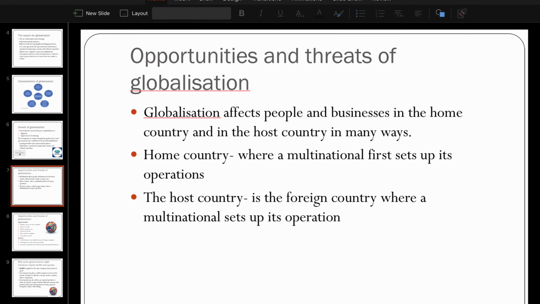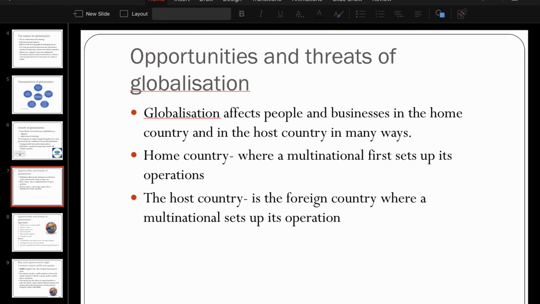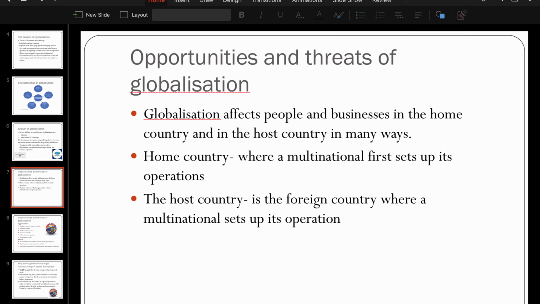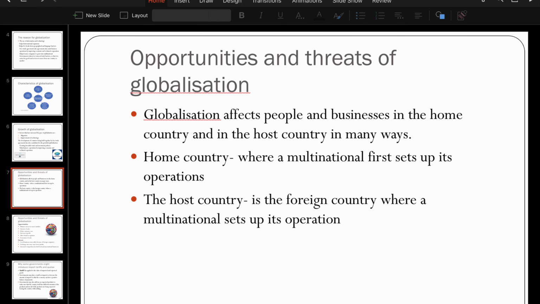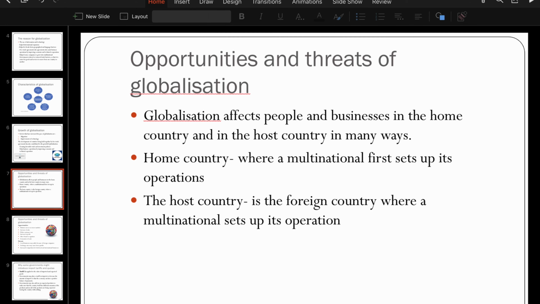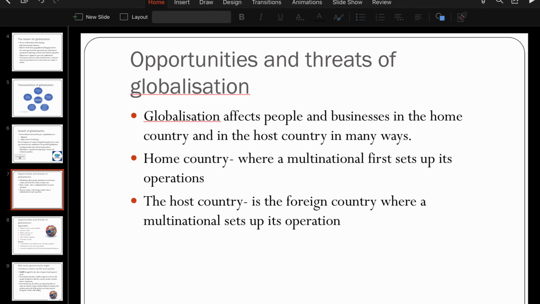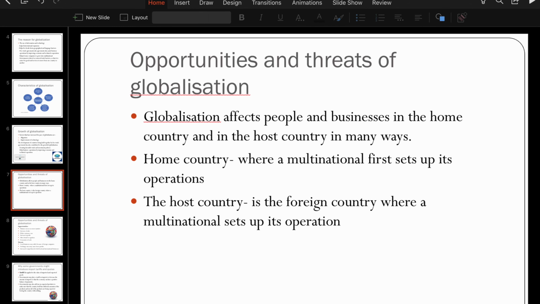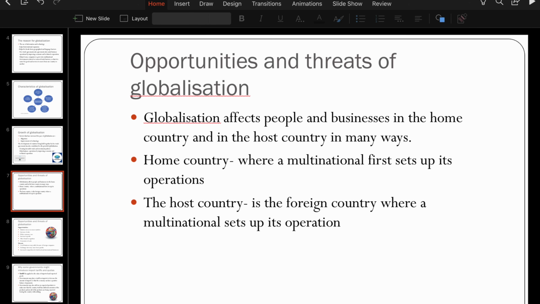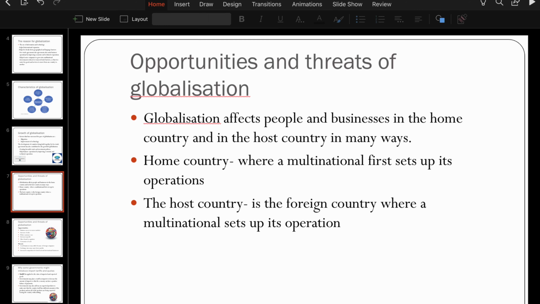Now, globalization has great impact on the people and the country involved. People benefit from a wider variety of products available to them at a lower cost. Also multiculturalism promotes peace and understanding between people. Globalization is good for countries as it leads to increased cooperation between them.